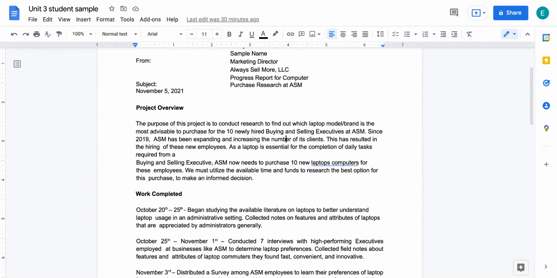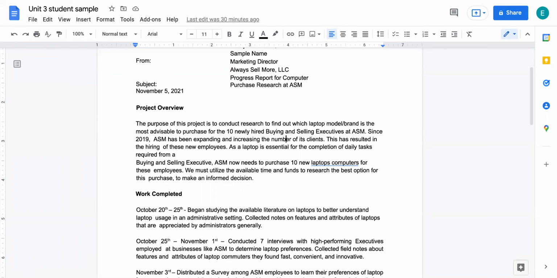In Unit 2, you laid out the proposal and you sought approval to conduct this research. For Unit 3, you have gained approval from your manager to conduct the research, and now you're at the point where it's time to give an update on what you have been doing to conduct the research.